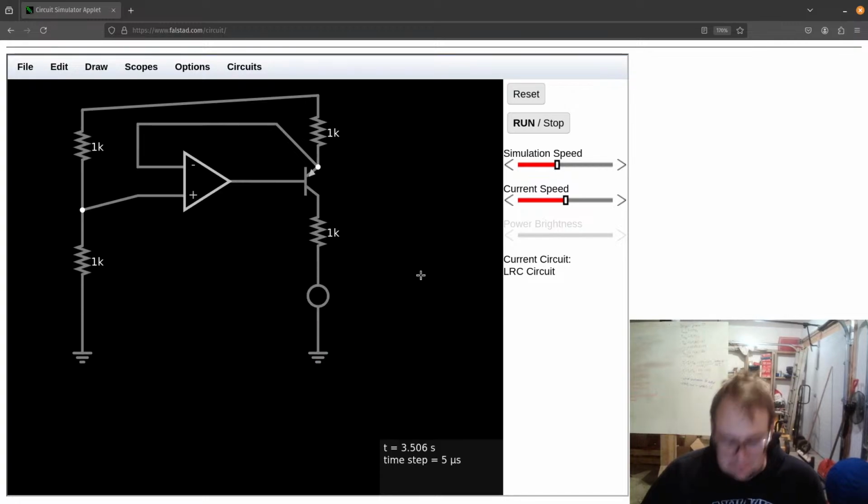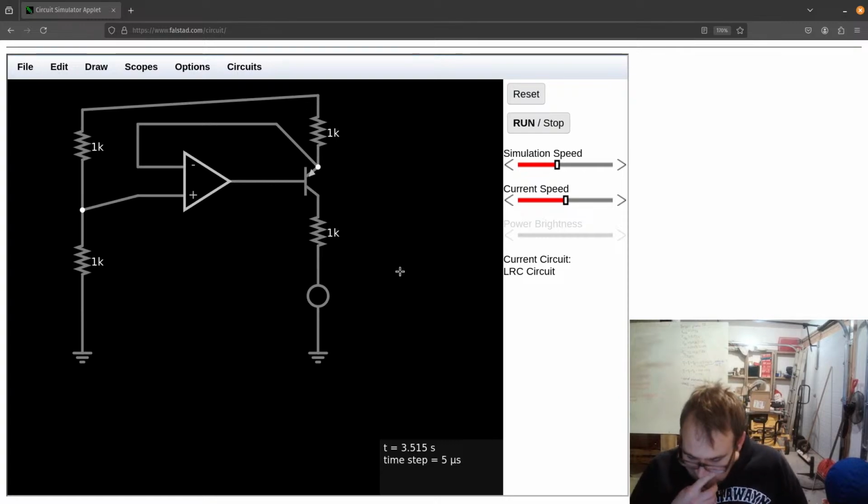So again, this one doesn't have the values that it wants us to use. It just has the components.